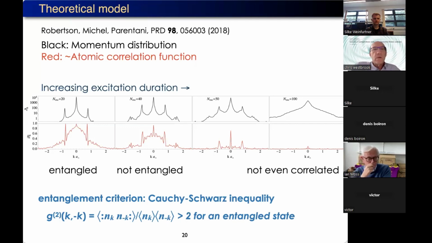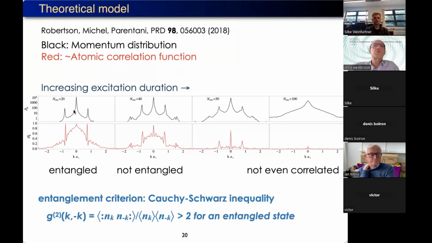This is a model in which there's only a one-dimensional condensate whose density is modulated, and they imposed periodic boundary conditions, which makes things a little easier. And what you see in the top line, the black curves, are essentially the time of flight spectra. It is the number of particles as a function of different Ks for different durations of oscillation.